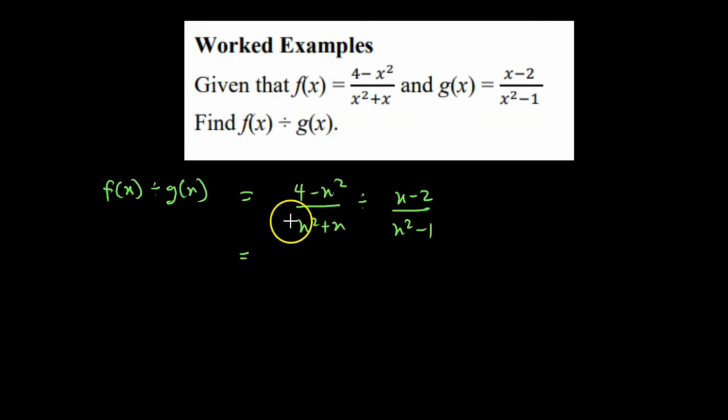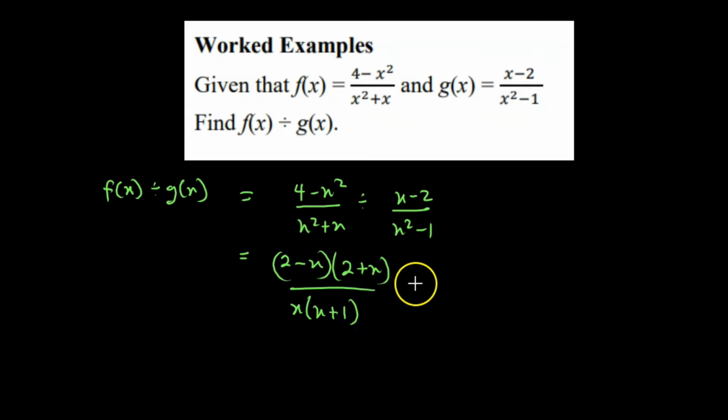So we have a difference of 2 squares at the numerator again. So we have 2 minus x multiplying 2 plus x, all divided by the factor for x squared plus x, which is x out, x plus 1. Then we have multiplying, then we find the reciprocal of this, x minus 2 over x squared minus 1. So that will give us x squared minus 1 all over x minus 2.